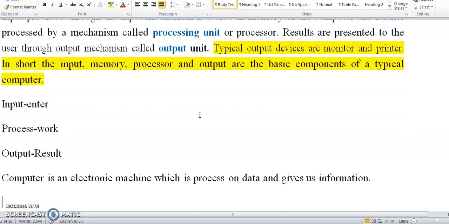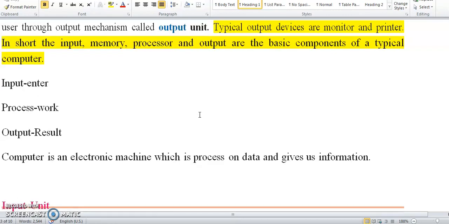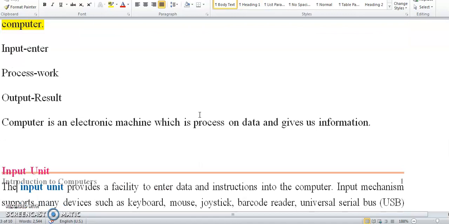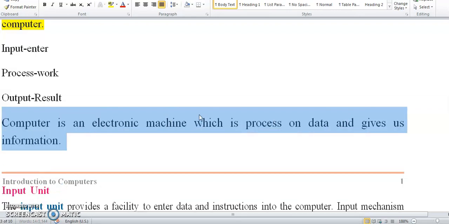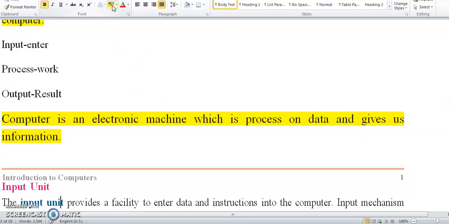So input means to enter the data. Process means the work done on data. And output means result. So computer is an electronic machine which processes data and gives us information. This is a simple computer definition to store in our mind.